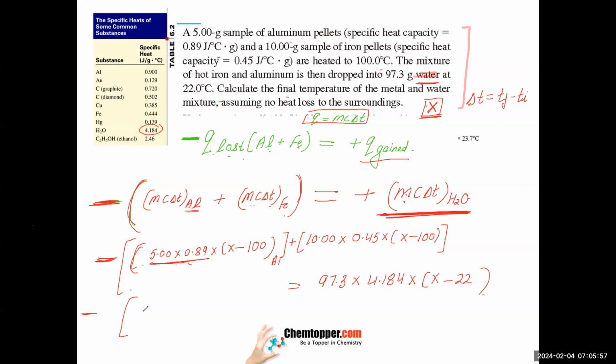Shreya is giving me this value as 4.45. Please check it. And what is here? X minus 100. Right? How much is this? This one is 4.5. X minus 100. Close this bracket. How much is this?